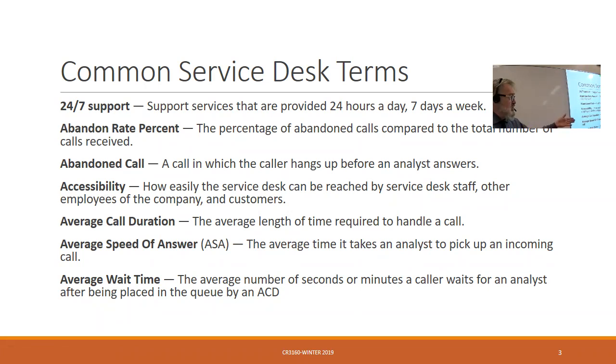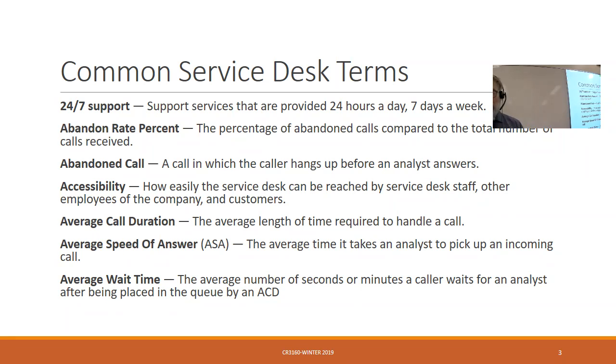Average speed of answer: how long does it take to pick up the phone? Is it 3 rings? Actually, this is while it's in the queue. You would remember from CR 1260, we talked about the automated call distribution software. Basically, it takes a caller and puts them in a queue and hopefully routes them to the right agent.